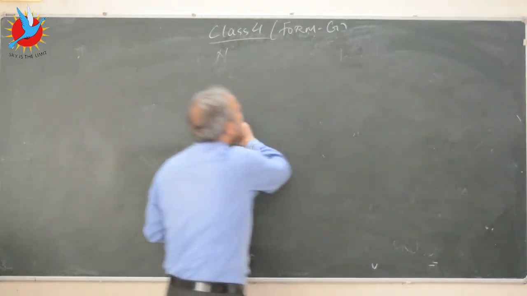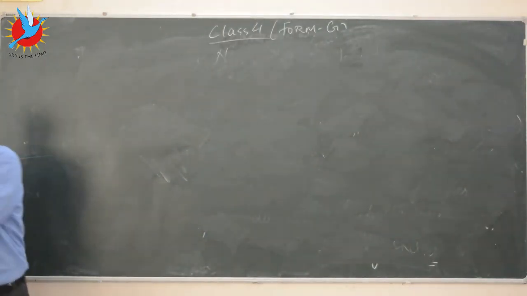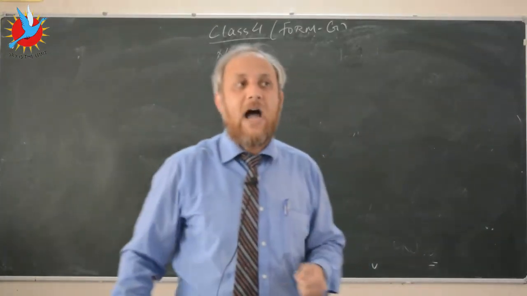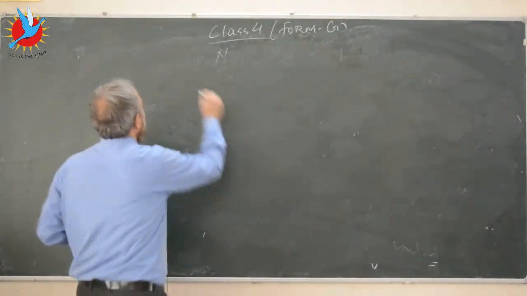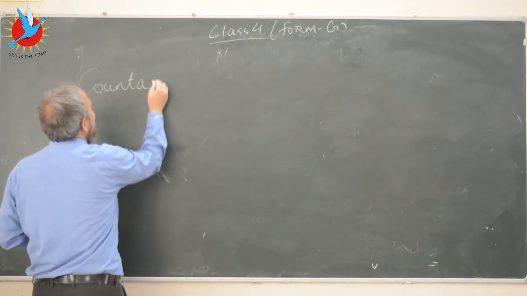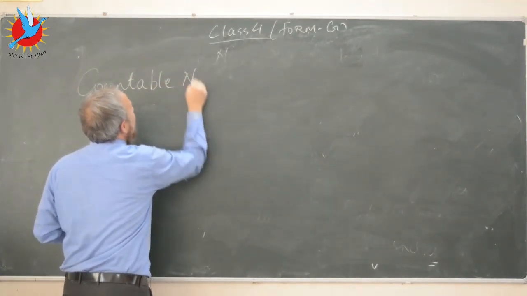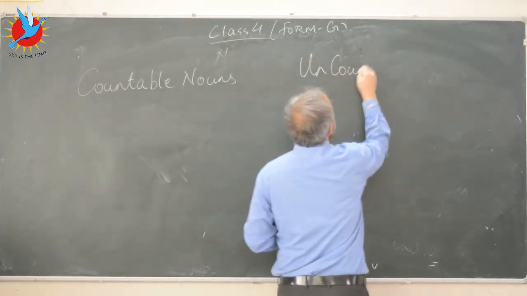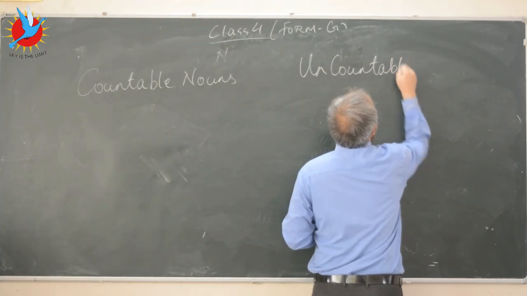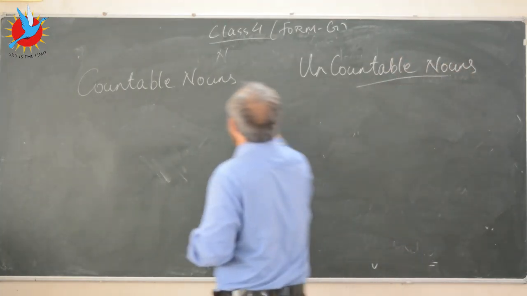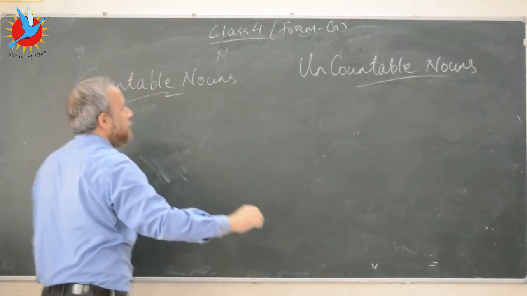Nouns can also be spoken about, remember kids, as countable nouns and uncountable nouns. Now what do you mean by countable nouns? What do you mean by uncountable nouns?